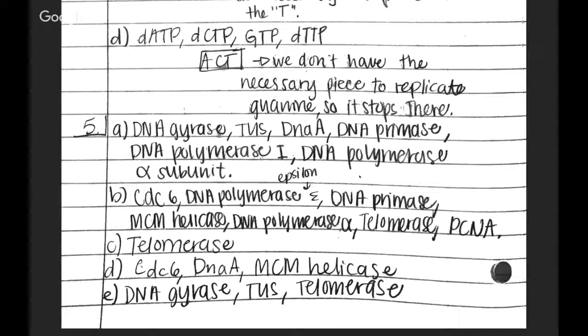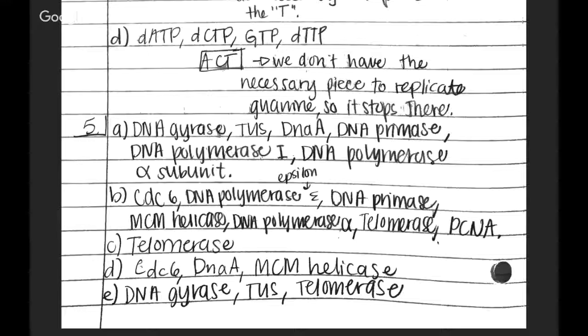For part B, which of the above proteins is found in Mus musculus, and that is eukaryotic. So what we have there is CDC6, DNA polymerase epsilon, DNA primase, MCM helicase, DNA polymerase alpha, telomerase, and PCNA.